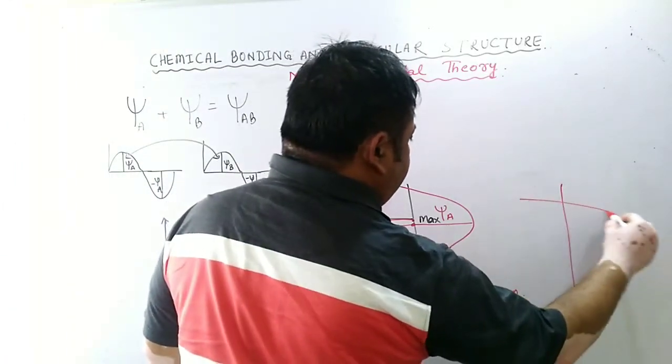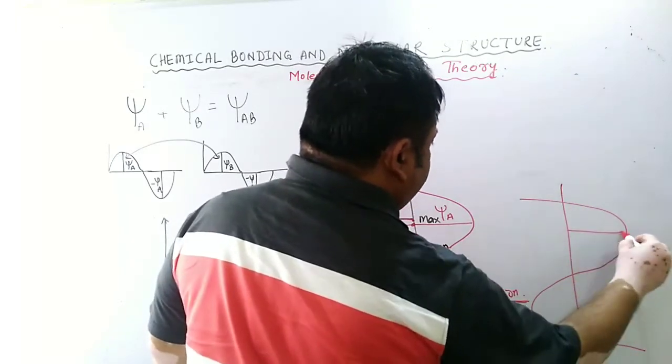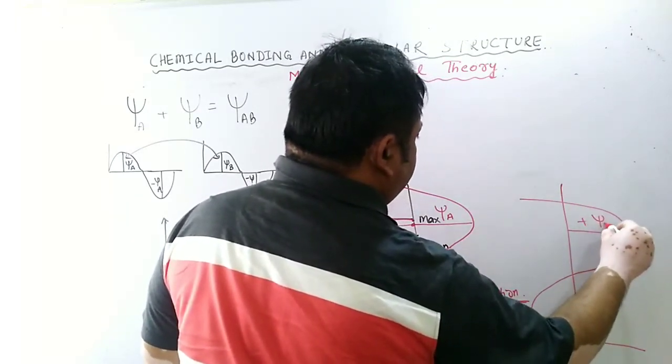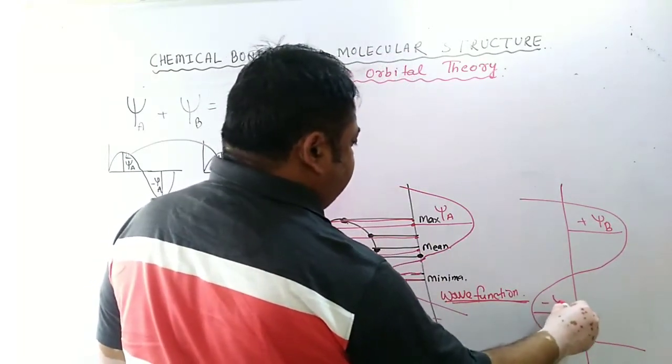and say this is psi b, and this is plus psi b, and this is minus psi b.